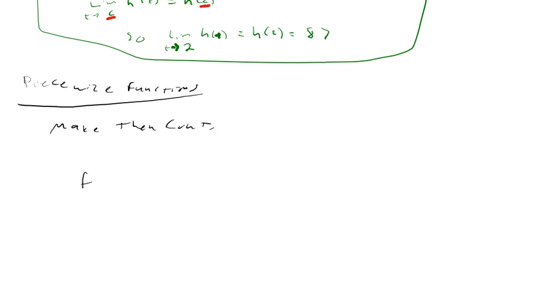So if I have a piecewise function f of x, and I say that this equation is x plus 3 when x is greater than 5, and I have a when x is less than or equal to 5.